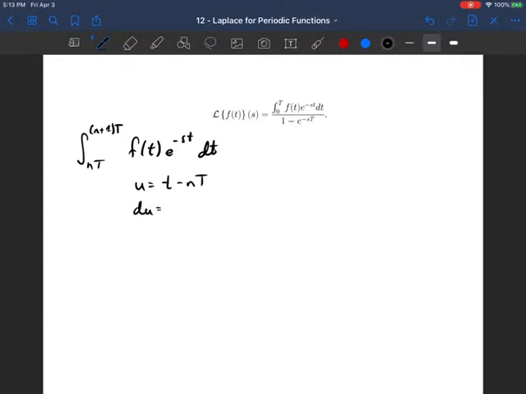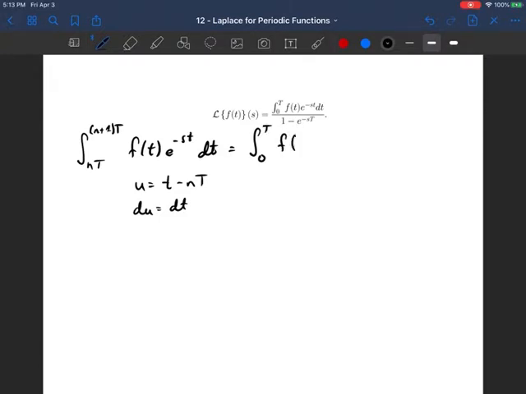So we're going to try to make a change of variables here. We're going to let u equal t minus n capital T. So du is equal to dt. All right, the idea here is to take the period that's later on and shift it all the way back to the first period from 0 to T.